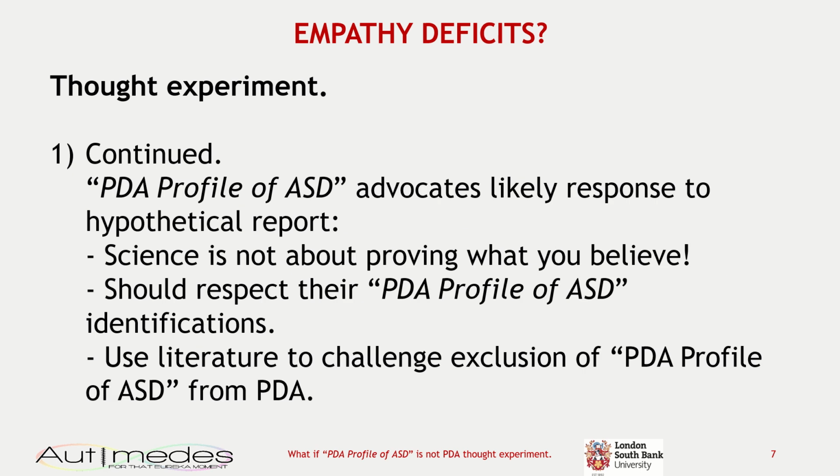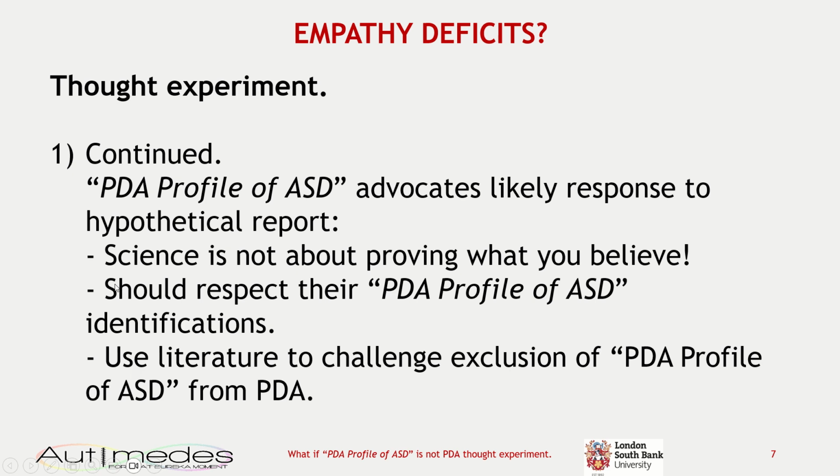So continuing, I think that PDA profile advocates' response to this hypothetical report would be saying that science is not about proving what you believe. The point of that is that the report's authors should be embracing and respecting other divergent PDA diagnoses until scientific-based research shows that they're not PDA or that they're different.